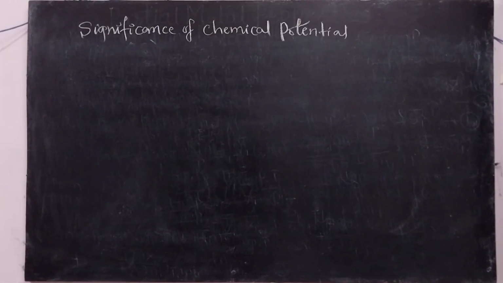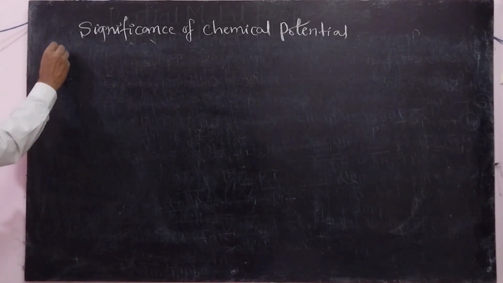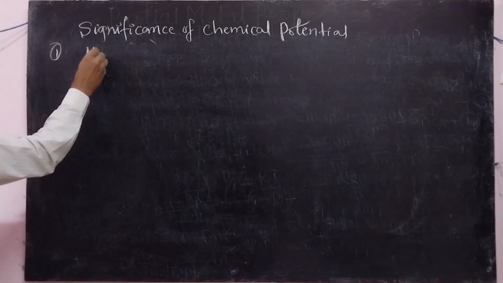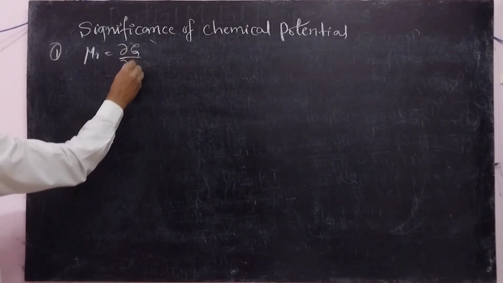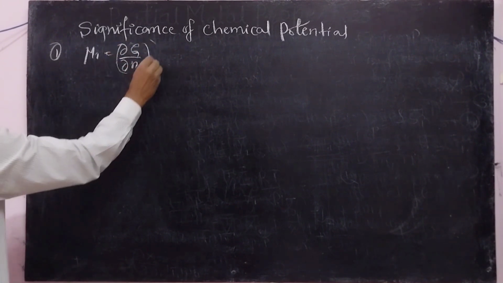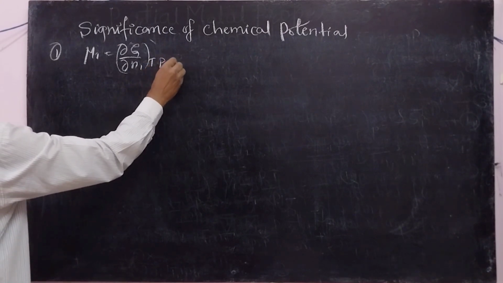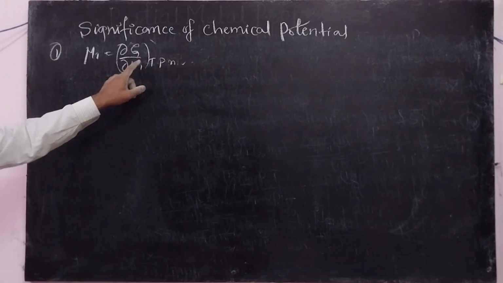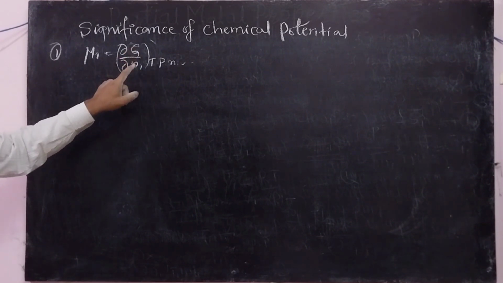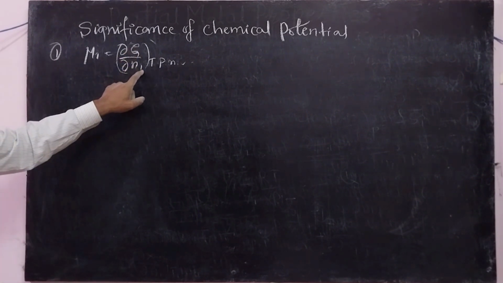Now about the significance of chemical potential. First one, according to the definition, μ1 equal to ∂G/∂N1 at constant temperature, pressure, and other N. Here it shows the increase in free energy by addition of one component.